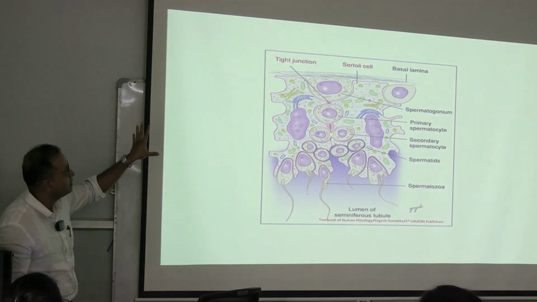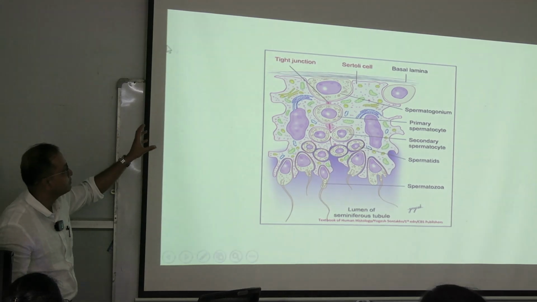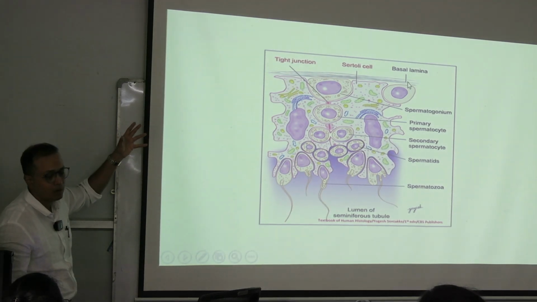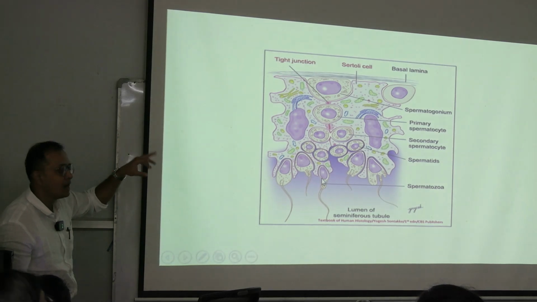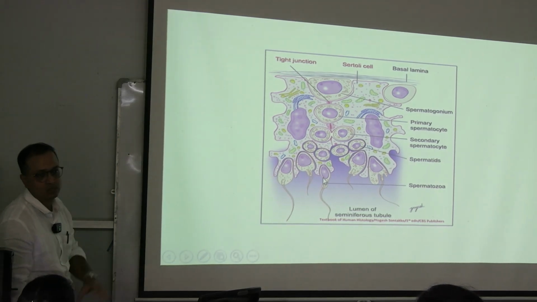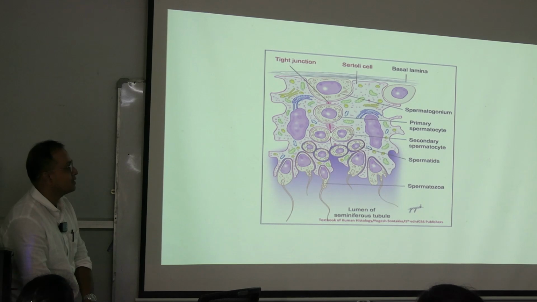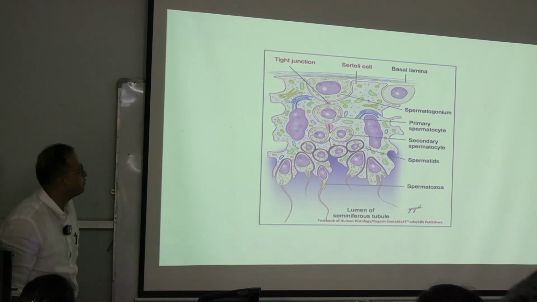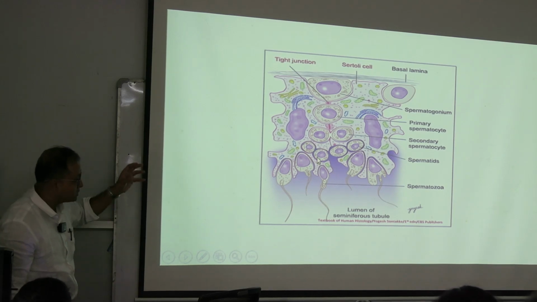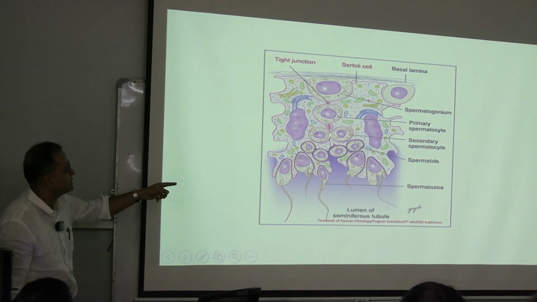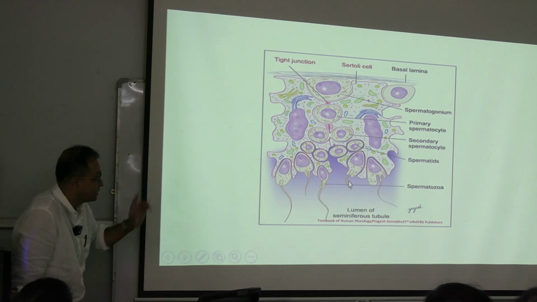It is a barrier put in place so that exchange of material from the blood system cannot get into the inside environment of the seminiferous tubules. So why are these things so protected? The reason is that we do not want exposure of the protein substances present within the seminiferous tubules.